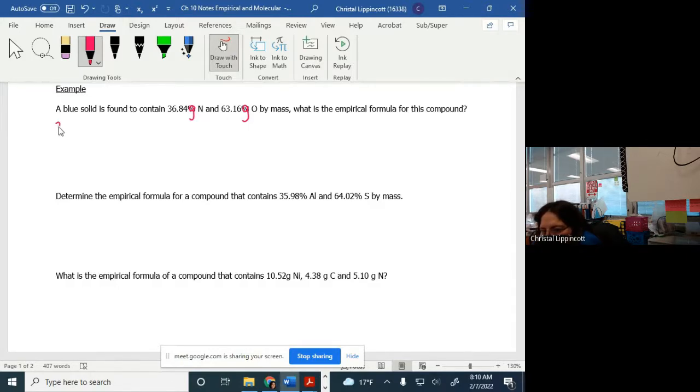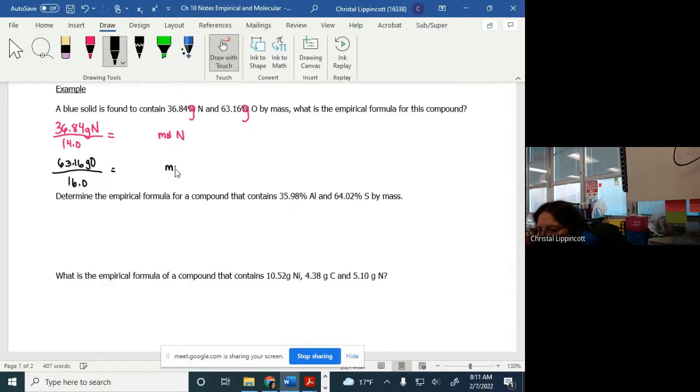So we're going to take 36.84 grams of nitrogen. I'm going to divide it by the molar mass of nitrogen on the periodic table, which is 14. And that's going to give me moles of nitrogen. I'm going to do the same thing with my oxygen. So 63.16 grams of oxygen. I'm going to divide by 16 off the periodic table for oxygen.